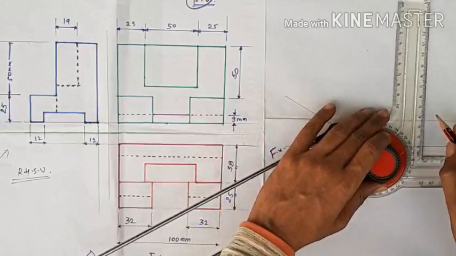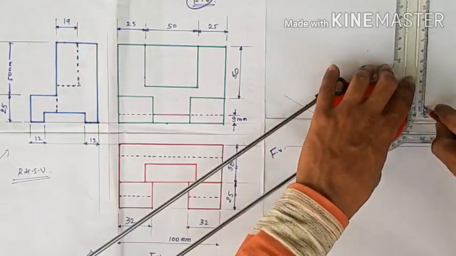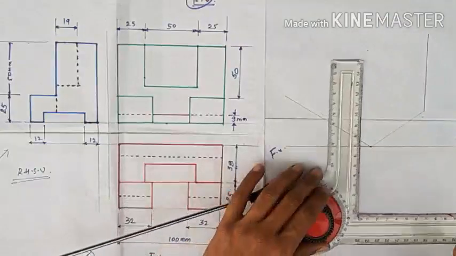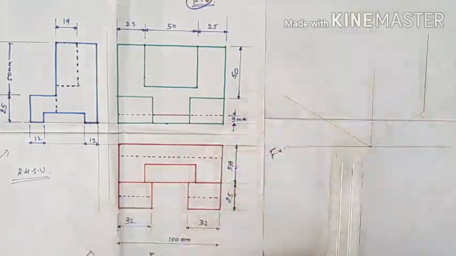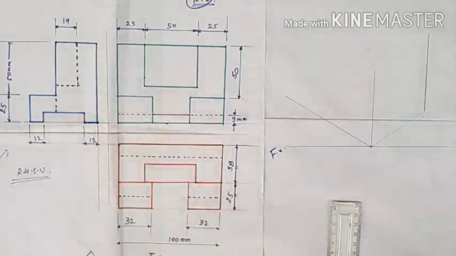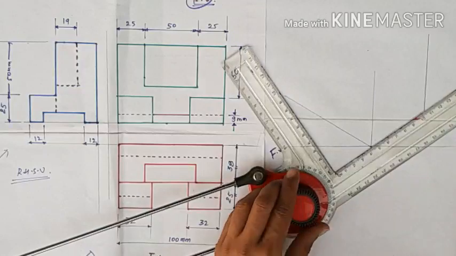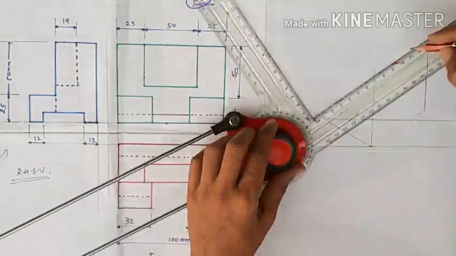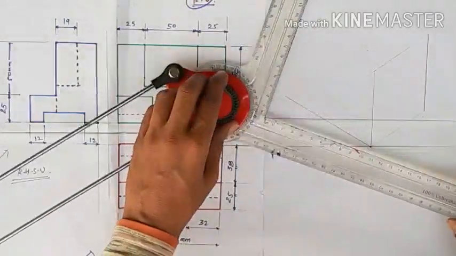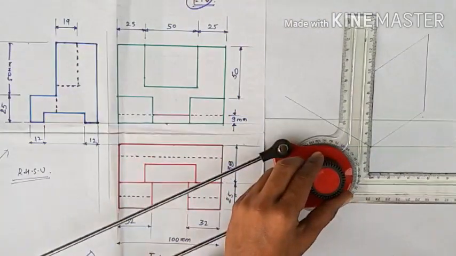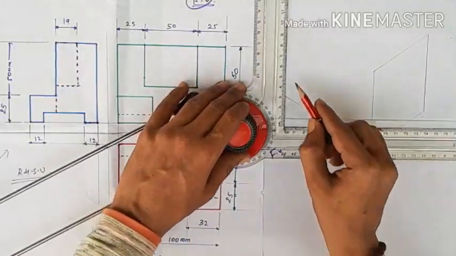Here the height is 75 mm, so we draw the 75 mm height. Now from here we again draw the 75 mm height, but lighter. Now again we complete this line parallel and join these two heights of 75 mm, and from this side we again draw a height of 75 mm.